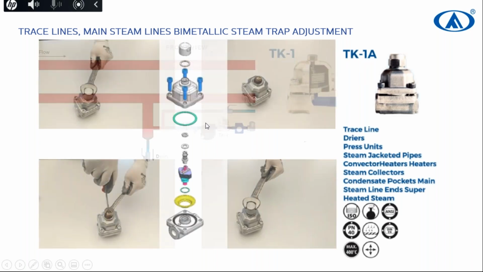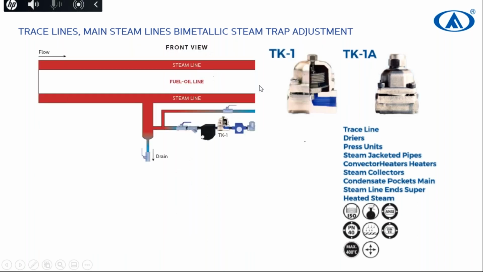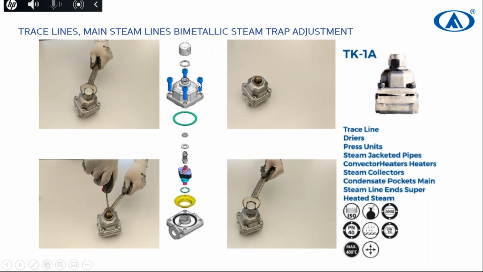In that case, as you see, you can adjust TK1A by only unmounting this adjustment cover. On the other hand, to adjust the standard TK1 bimetallic steam trap, you need to unmount this main cover by unmounting these bolts, and you need to reach this adjustment stem to calibrate your steam trap.